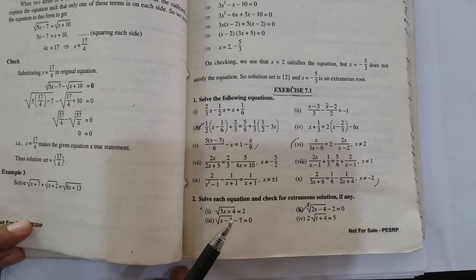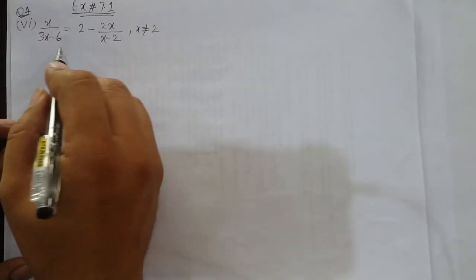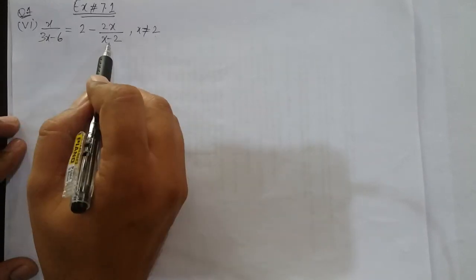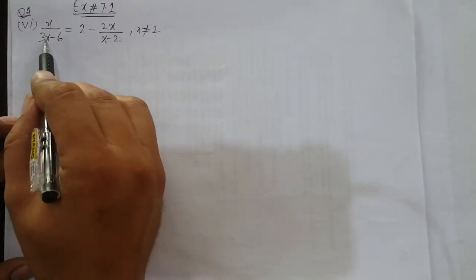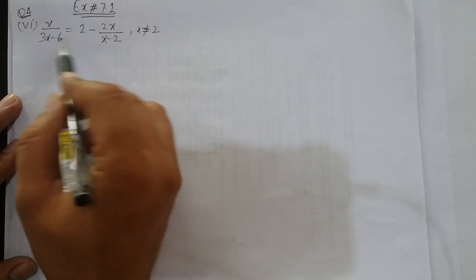Let's do one question to understand. So we'll solve 6th part, this one. So let's do it. So this is the 6th part. Now before starting the solution, we'll see in the denominator these two values. Apparently they are different from each other, but actually these values are not different.